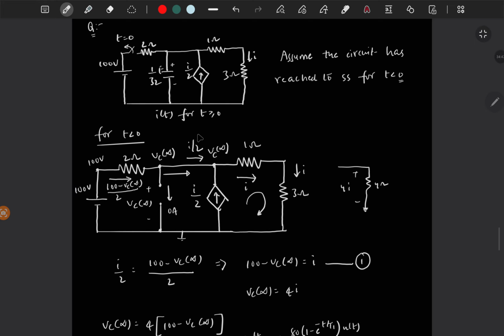So let's do here. For t less than 0, at t equal to 0 the switch is opening. So at t less than 0, we have 100 volt.